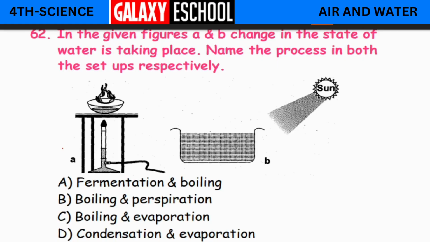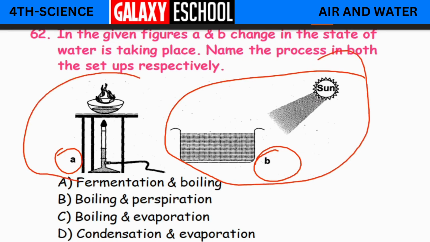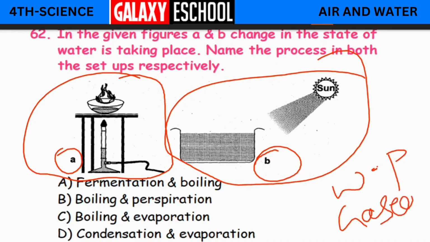See children, here you have two pictures, A and B. Change in the state of water is taking place: the water is changing into water vapor, that is the gaseous state. But the processes are different.